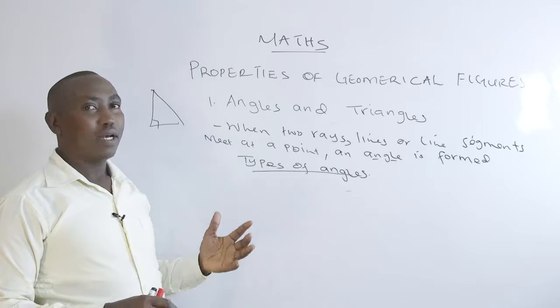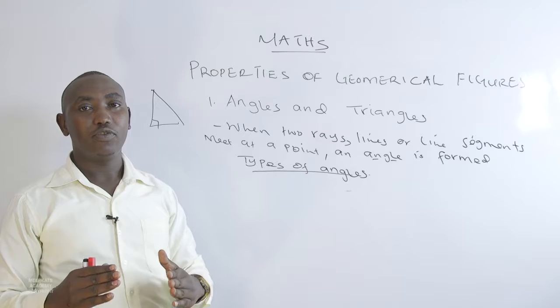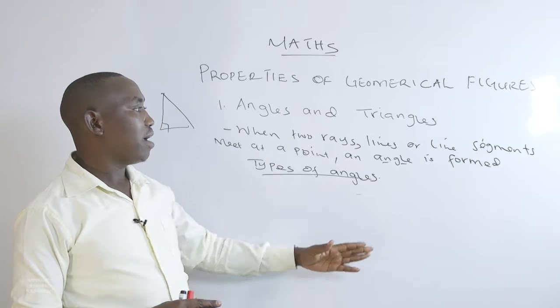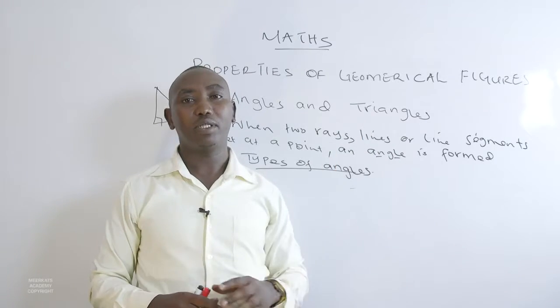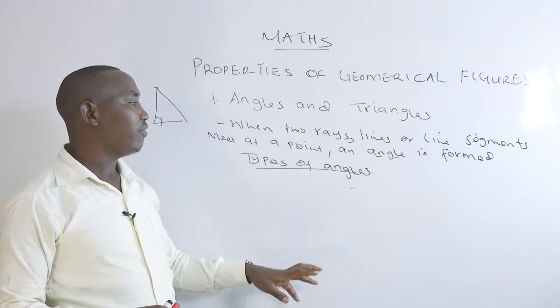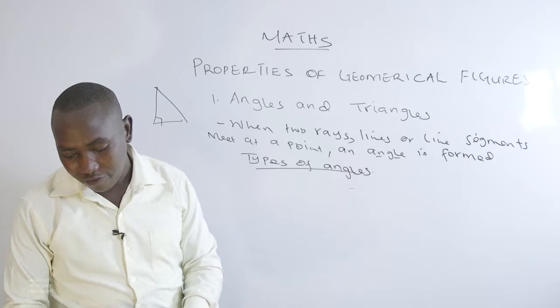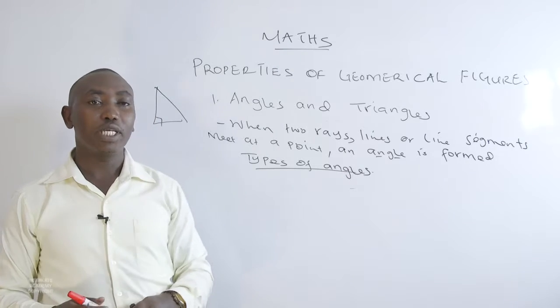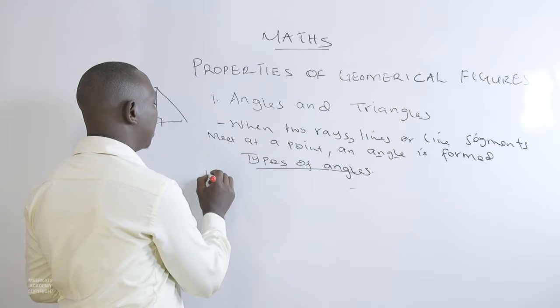Depending on the size of the angle formed by either two rays, lines, or segments of a line, we might have different types of angles. The first and most common type of angle is what we call an acute angle.